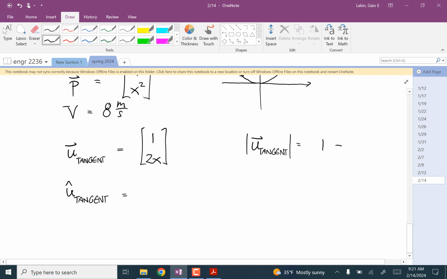It's 1 squared plus 2x squared, square root. And so this tangent vector is 1 divided by that square root, and then 2x divided by that square root.